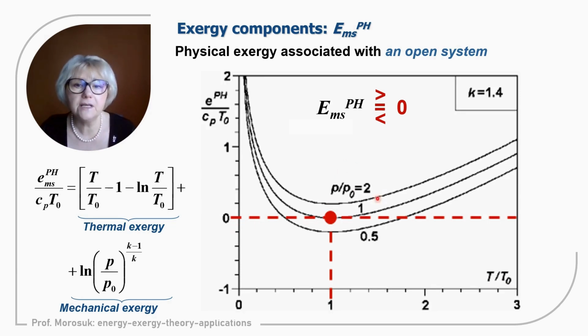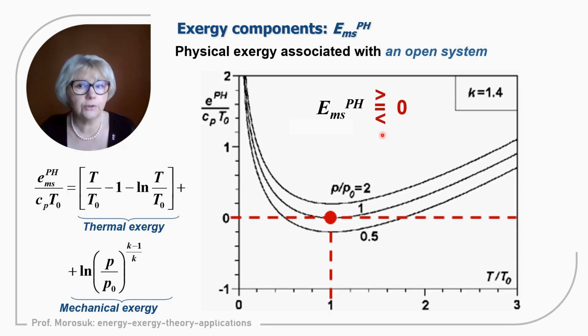And now we can see that if pressure is continuously higher than environmental pressure, and temperature does not matter, whether it is higher or lower than environmental temperature, exergy will be positive. For the environment conditions, physical exergy is equal to 0, we already discussed it, but it can also be the case that physical exergy is negative.